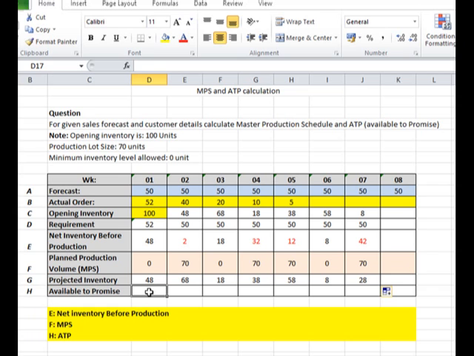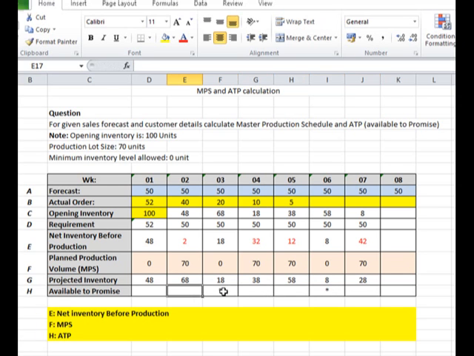Like I have planned for 70 quantity, so how much extra can we supply to a customer, that's the available to promise. Available to promise is calculated only for those weeks in which we have MPS. We have MPS over here, so we'll have available to promise here. No MPS, no available to promise.